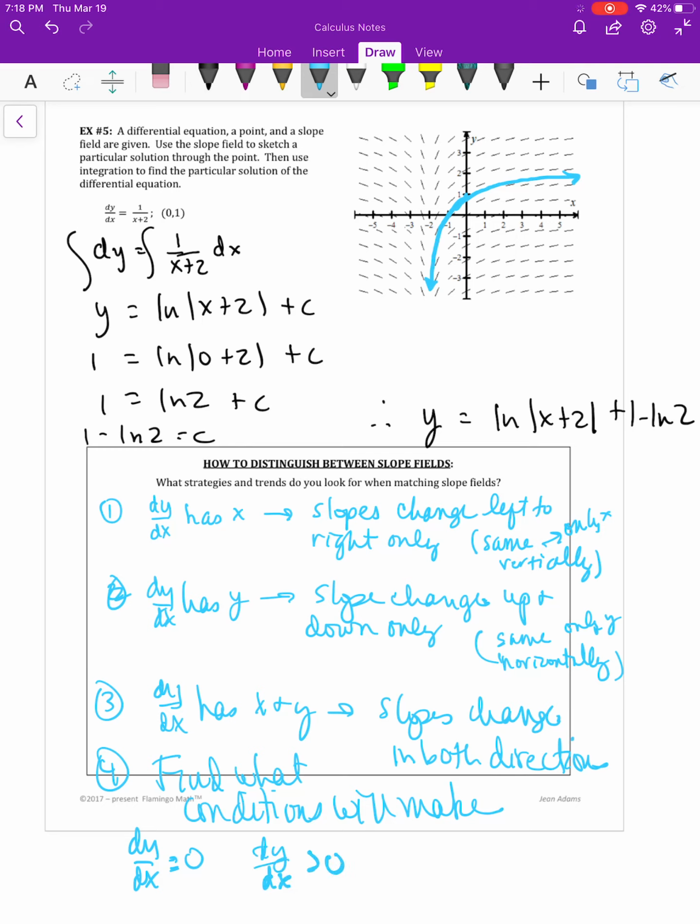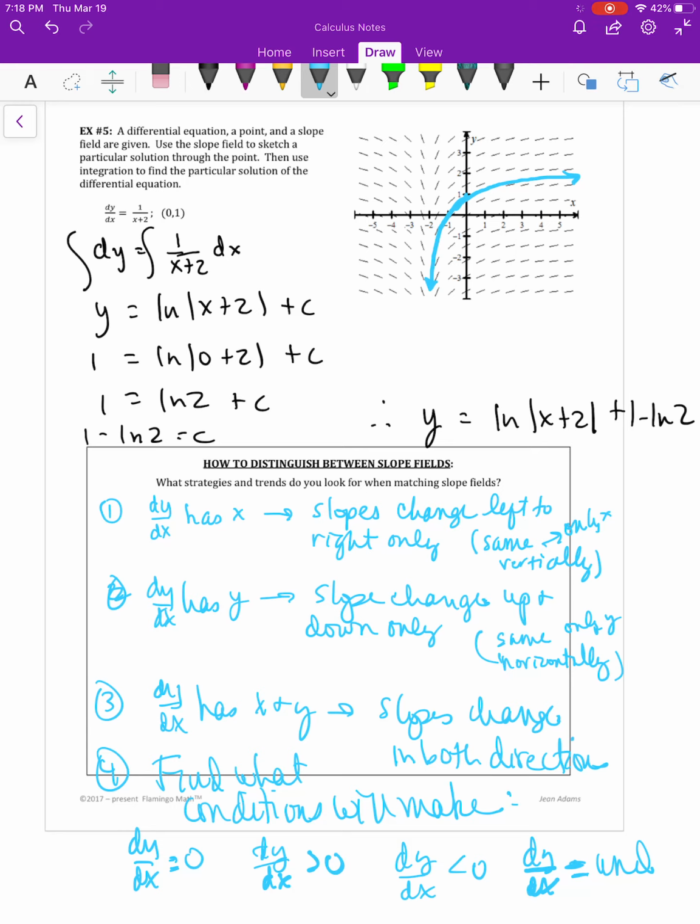Dy/dx have positive slopes, dy/dx have negative slopes, dy/dx be undefined. We thought that one time it was undefined for the y, but those were just slopes of 0 that we couldn't see.